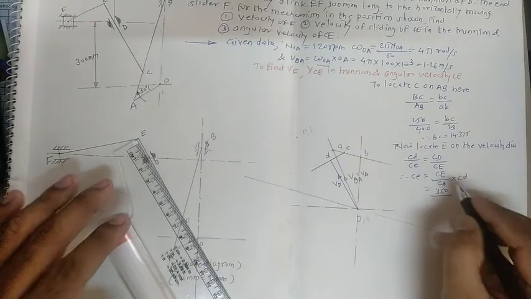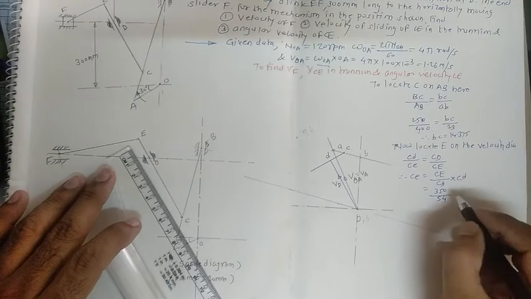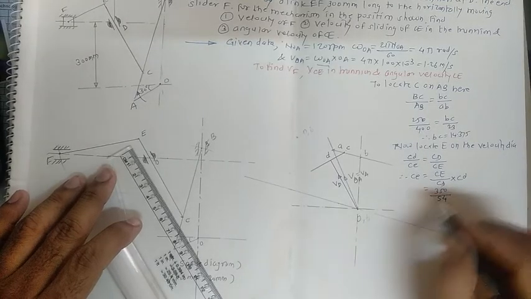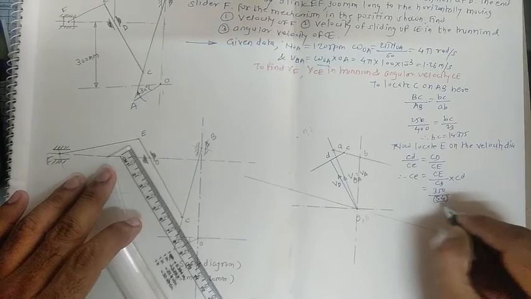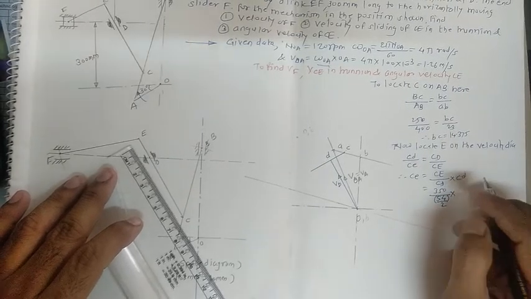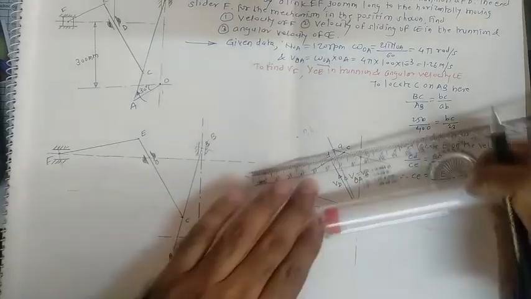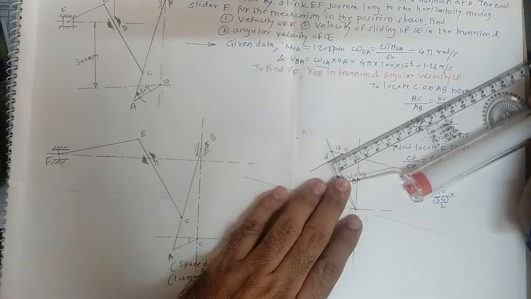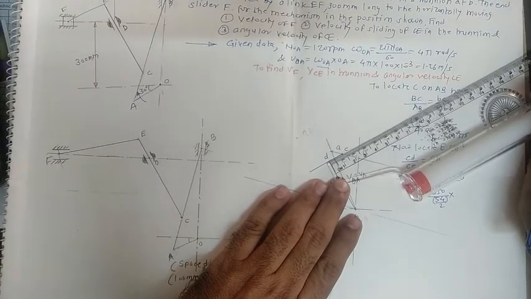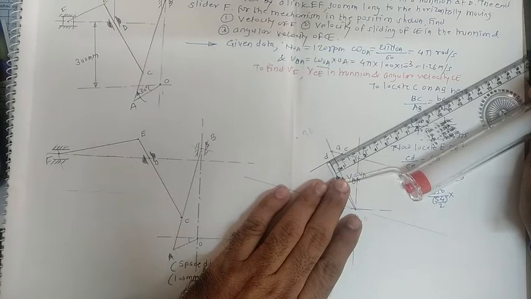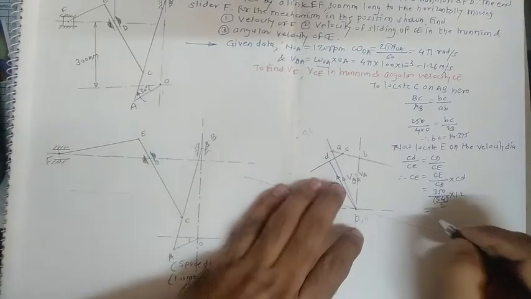We can get the CD length equal to 54 on this diagram. As per the scale, you can take half of this multiplied by the length for this one, CD. You have to consider the length for the CD as it is, 12 mm. Do the calculation and check the value for the same.